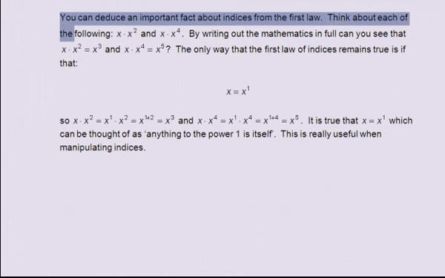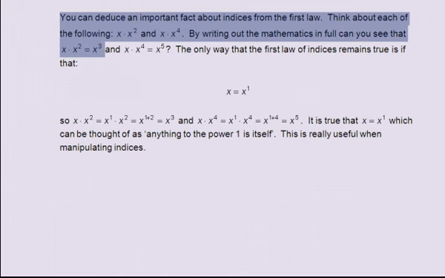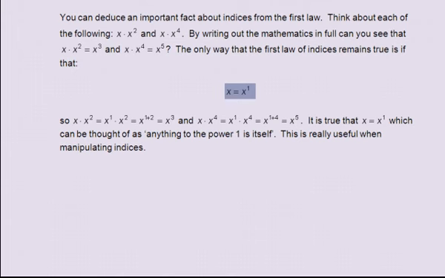Think about each of the following: x times x squared and x times x to the 4. By writing out the mathematics in full, can you see that x times x squared is equal to x cubed and x times x to the 4 is equal to x to the 5? The only way that the first law of indices remains true is if x equals x to the power 1.